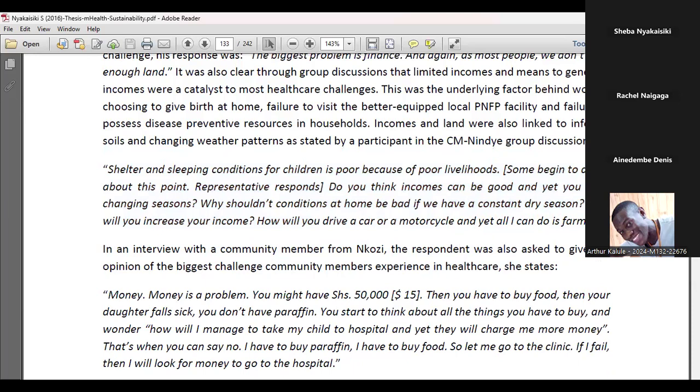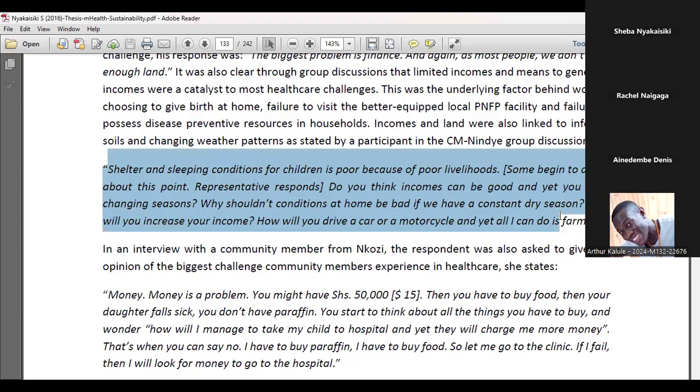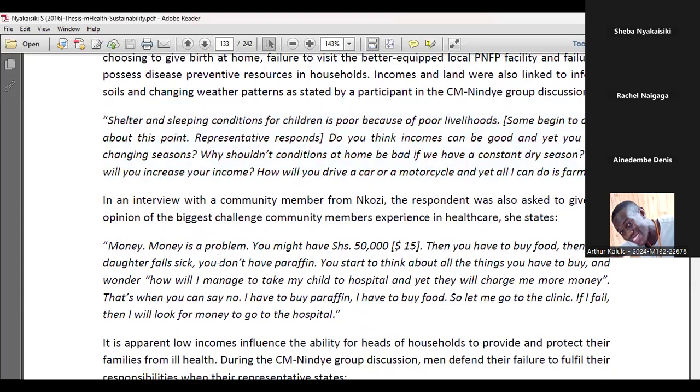Rachel, do you see these quotations I've given within my chapters? This was my chapter 6. This was verbatim, exactly what the person said. Then you look at this one, money. Money is a problem. I could have just said money is a problem, but I went ahead and wrote exactly what the respondent said. That is what verbatim transcription means.